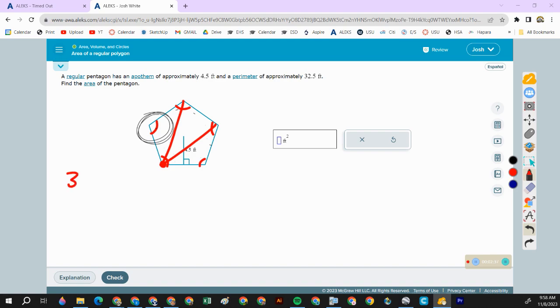So we have 3 triangles times 180, and that's going to give me, what, 540? And those are split evenly across 5 angles. So that is 108 degrees.